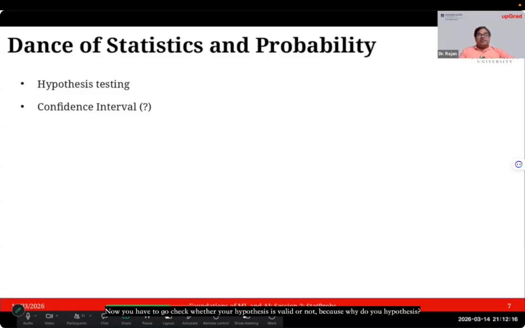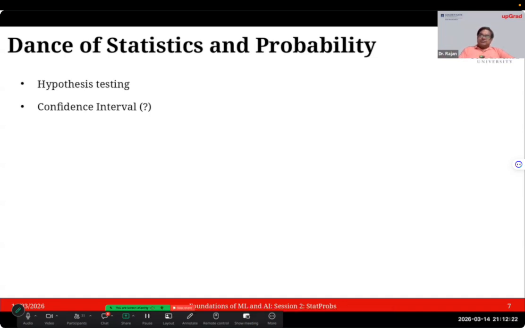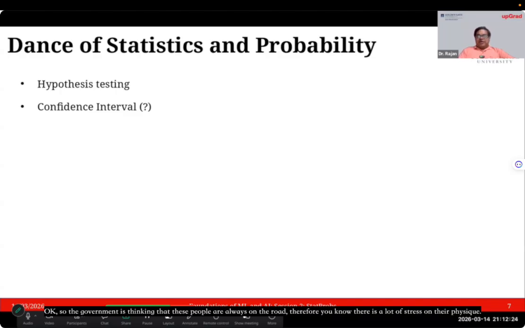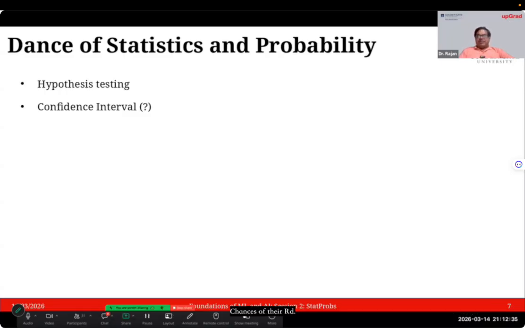Because why do you hypothesize? You hypothesize because you want to take some action based upon the hypothesis. So the government is thinking that these people are always on the road, therefore there's a lot of stress on their physique. Chances of road accidents are higher than the average population.